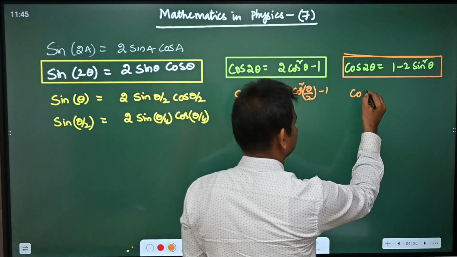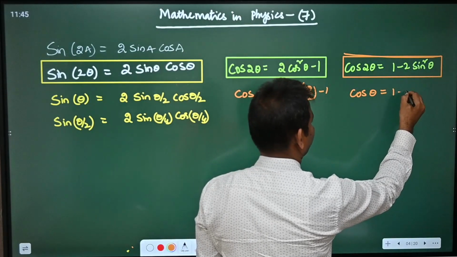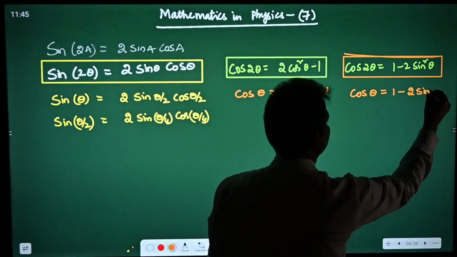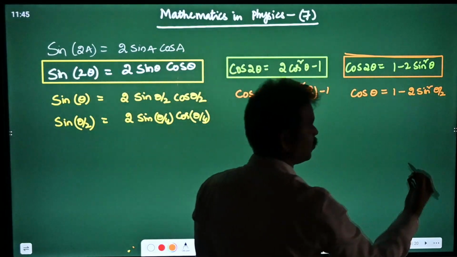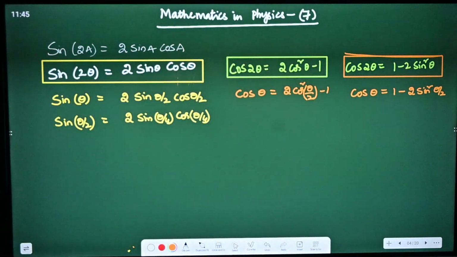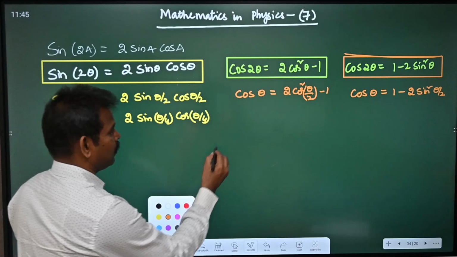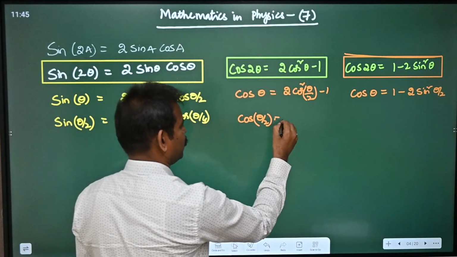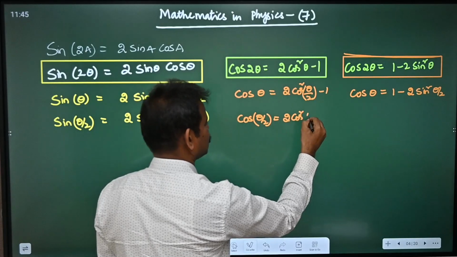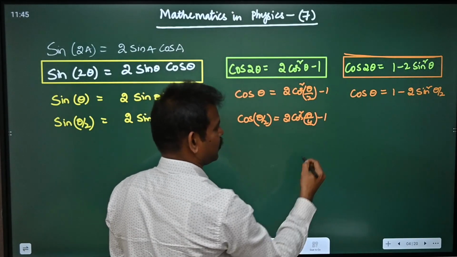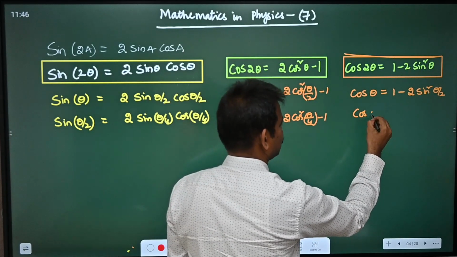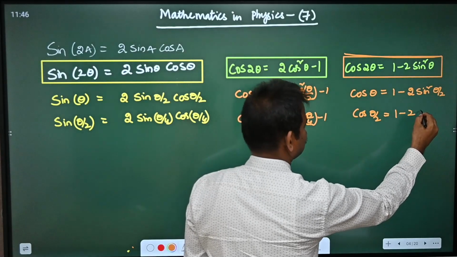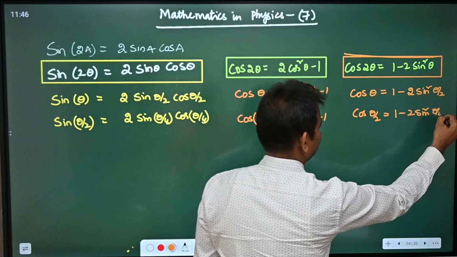Here cos of theta will become 1 minus 2 sin square theta by 2. Cos of theta by 2 will become 2 cos square theta by 4 minus 1. Cos of theta by 2 can also be 1 minus 2 sin square theta by 4.